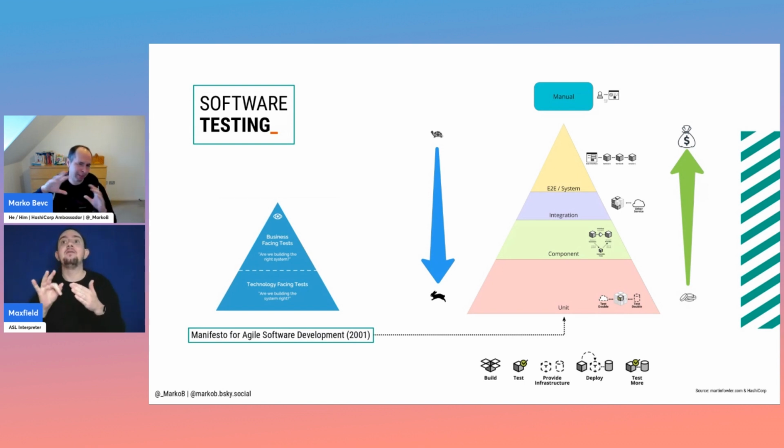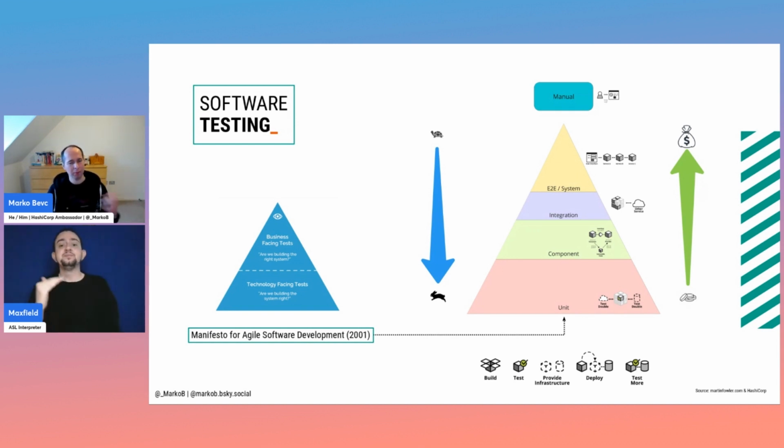If you take a step back and look from a really high perspective, you could say the lower part of the pyramid is technology facing tests: are we building the system right? And the higher part of the pyramid is more business facing testing, where the question we're trying to answer is: are we building the right system? So is the system doing the things that it should be doing from the business perspective?